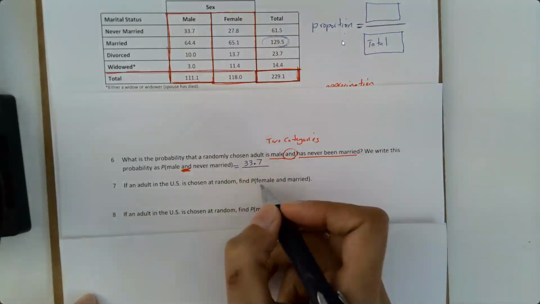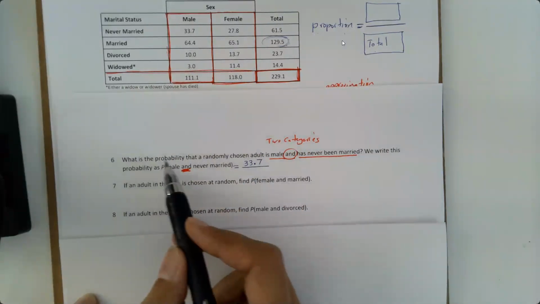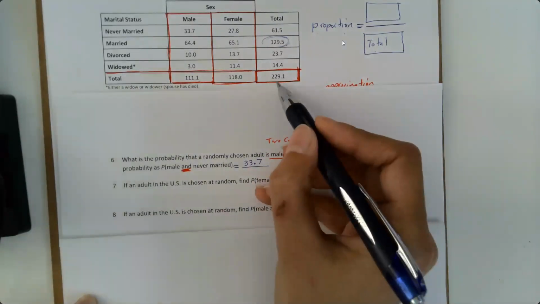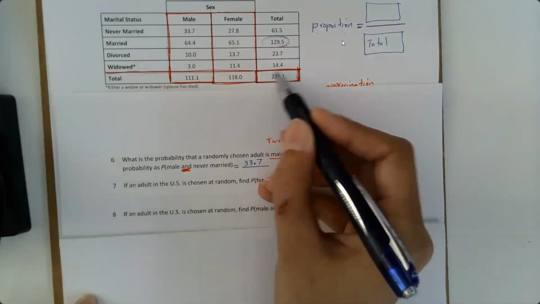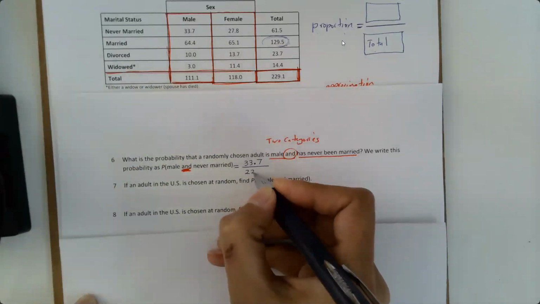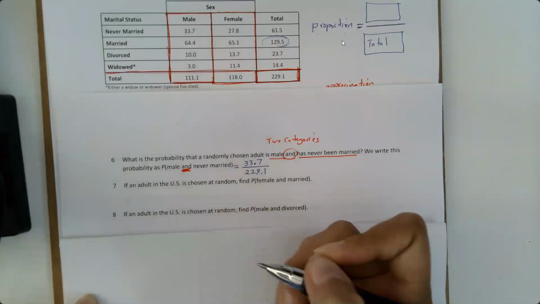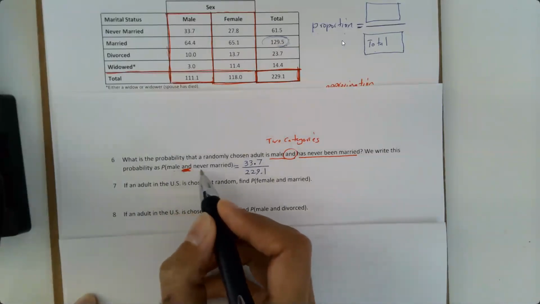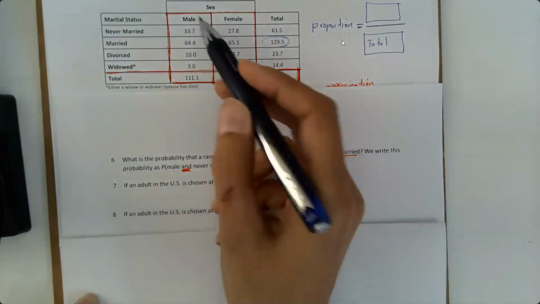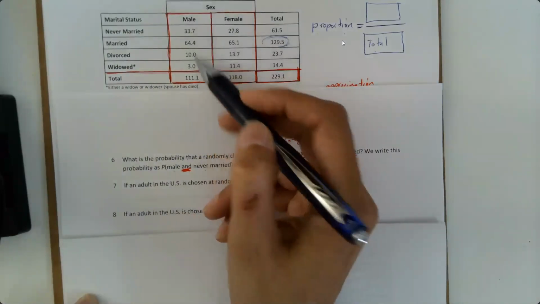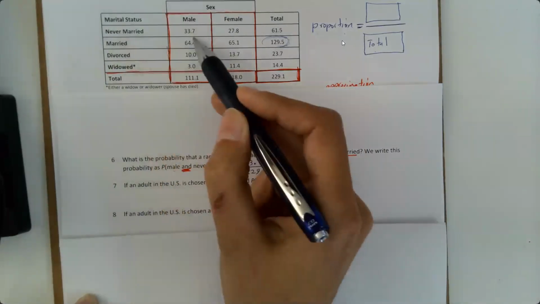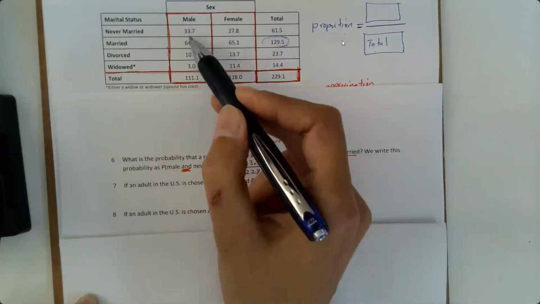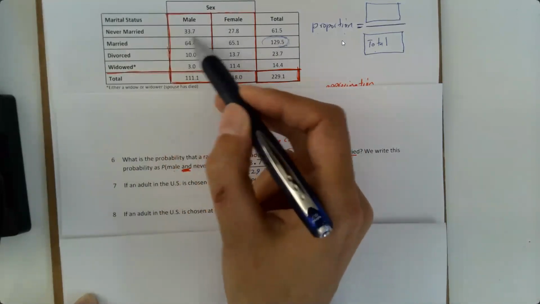What is on the denominator? I'm looking at the whole population, so what goes on the denominator is 229.1. You look at the male and never married, the intersection is going to be 33.7.